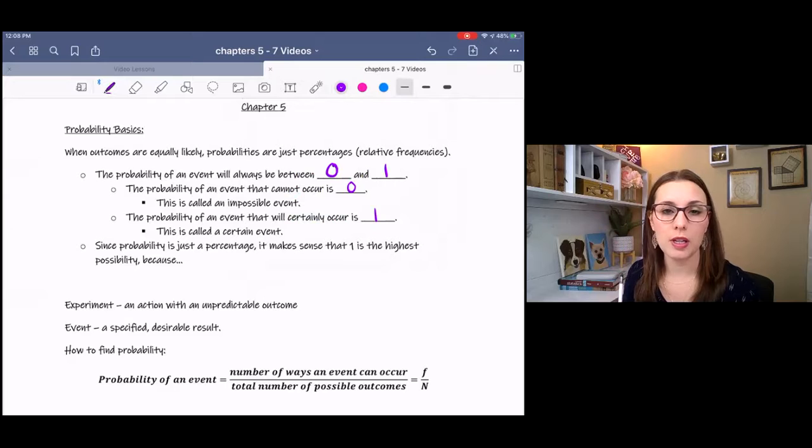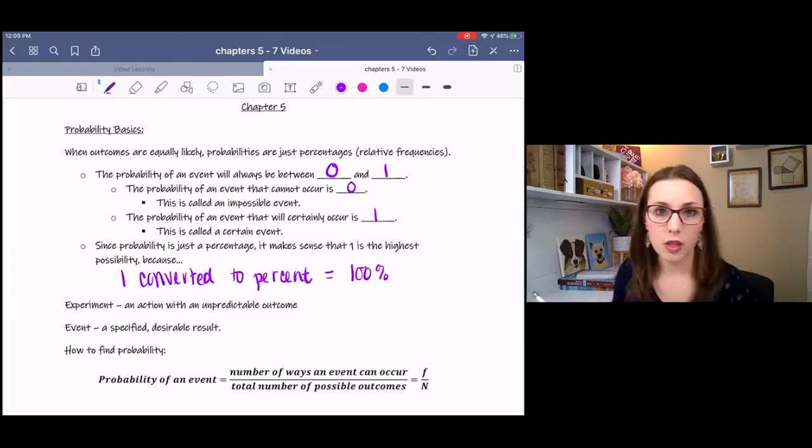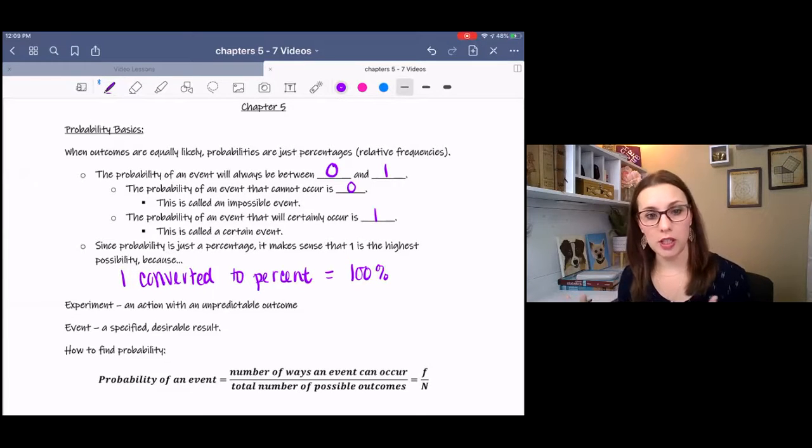So since the probability is a percentage, it kind of makes sense that 1 would be the highest because 1 converted to percent is 100%. So in your relative frequency table, or in a probability, if 1 is an option, then that means that it's 100%. So 1 in decimal form is 100%.